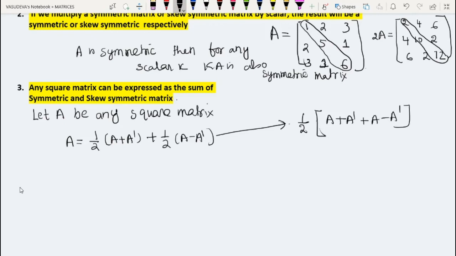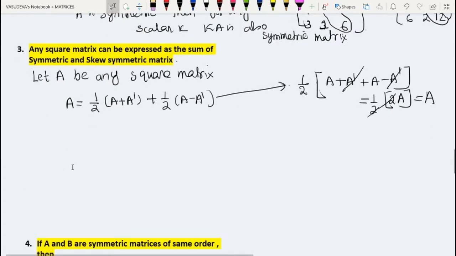Clearly A dash gets cancelled. That is equal to half into 2A, so the 2 gets cancelled. That is equal to A. So A can be written as half of (A plus A dash) plus half of (A minus A dash).